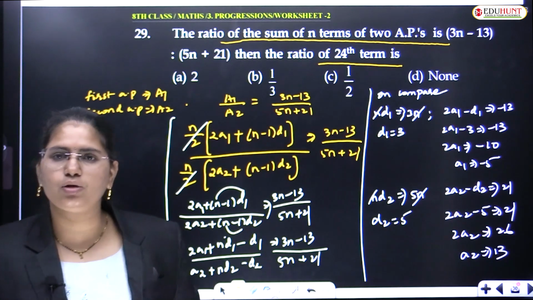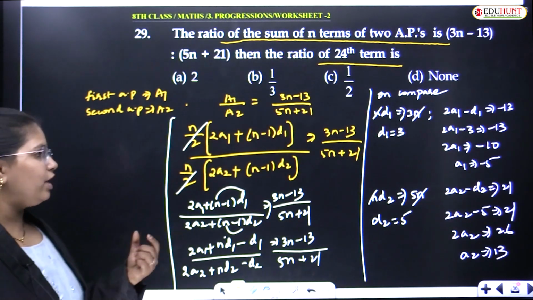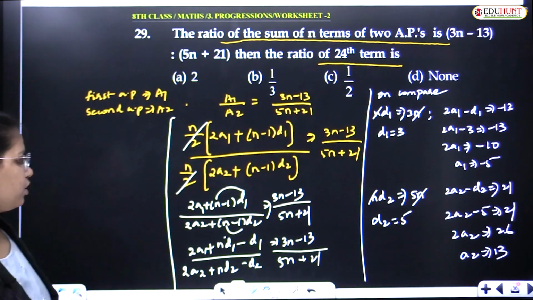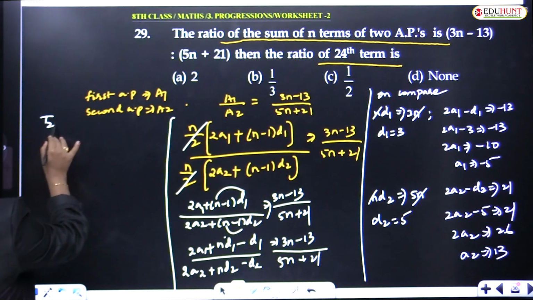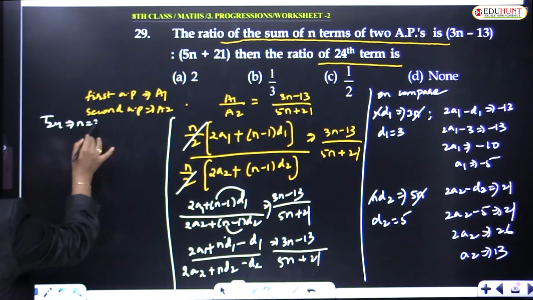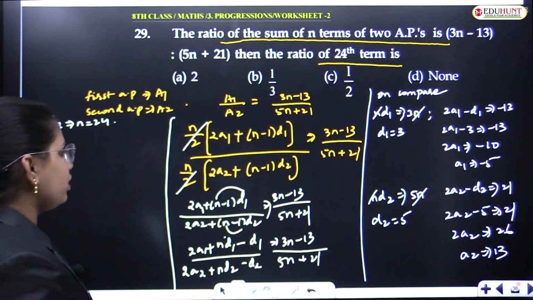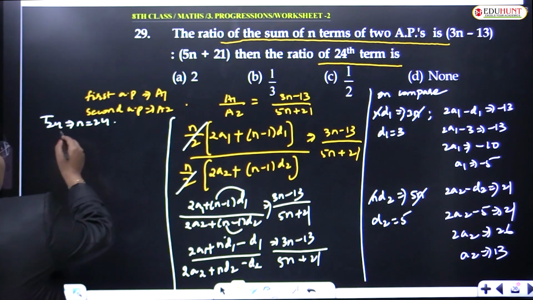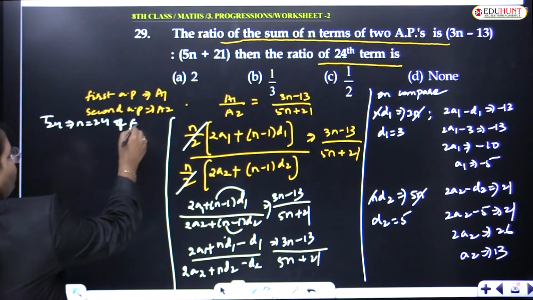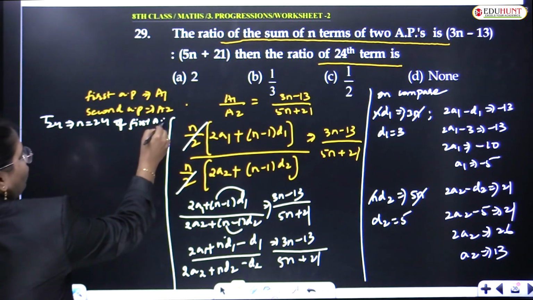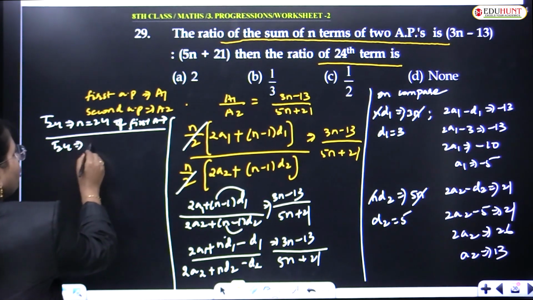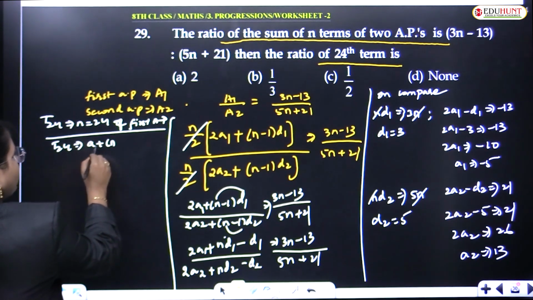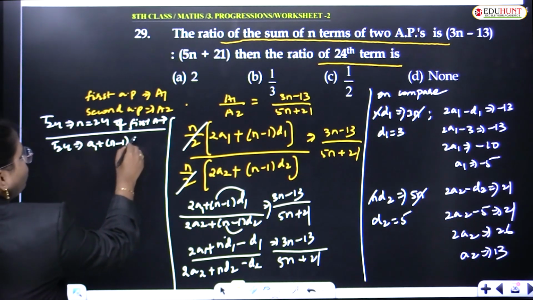So what do I need to find out? I need to find the ratio of their 24th terms. So at the place of n, I need to substitute 24. First I need to find T24 of the first AP. T24 is equal to A1 plus n minus 1 into D1.